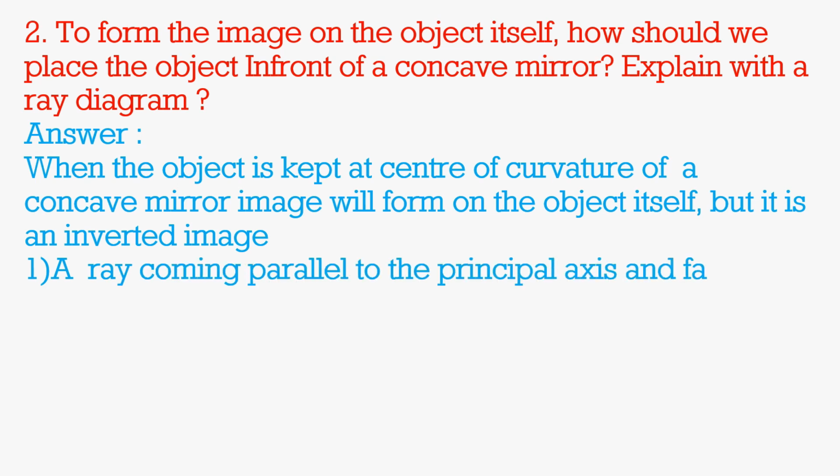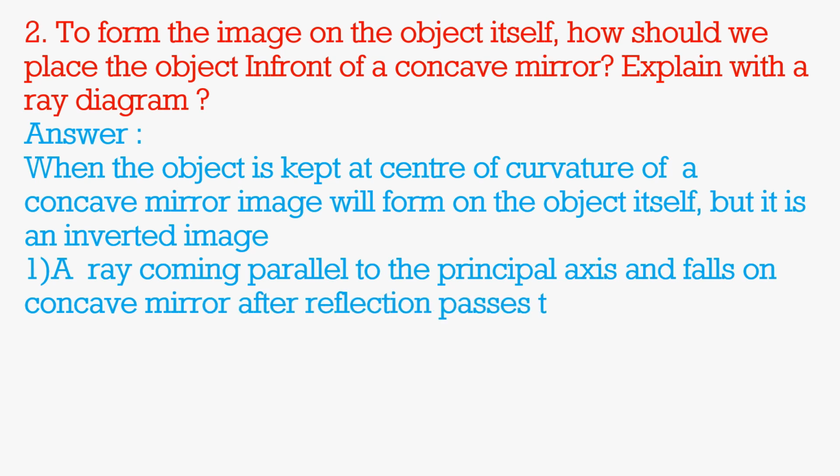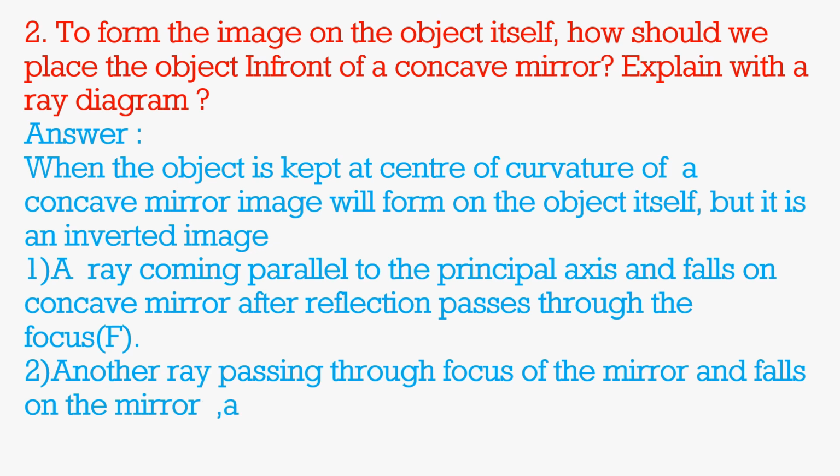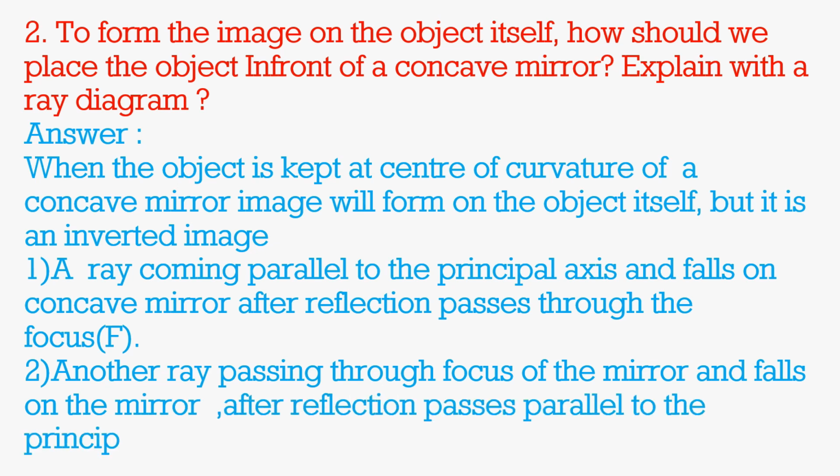Now we'll discuss. When the object is kept at center of curvature of a concave mirror, the image will form on the object itself, but it is an inverted image. A ray coming parallel to the principal axis and falls on the concave mirror after reflection passes through the focus.